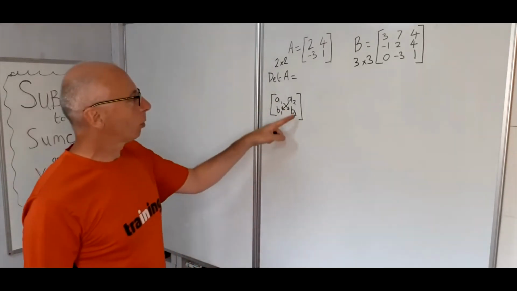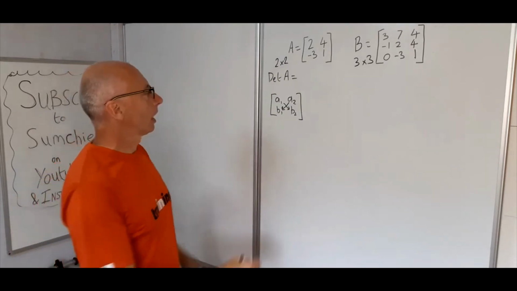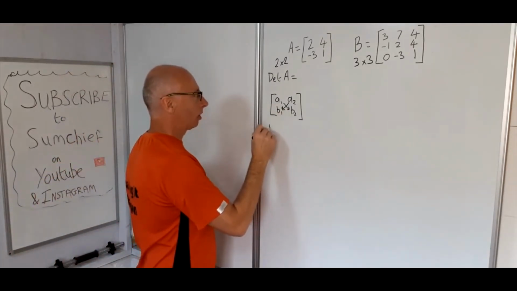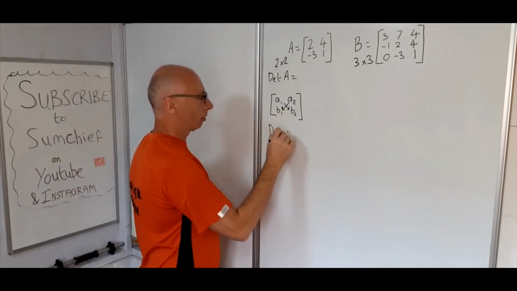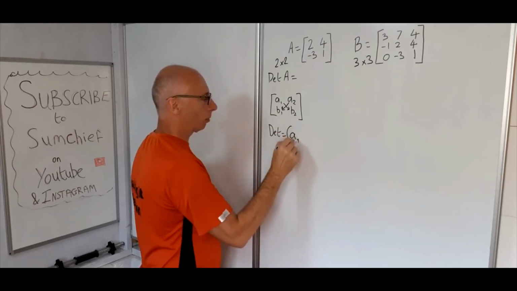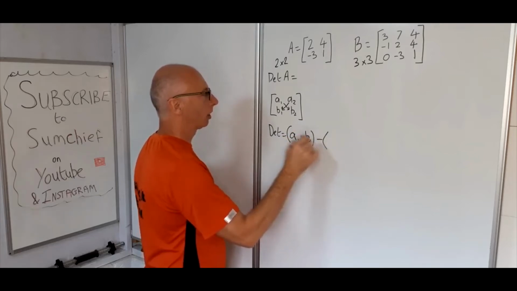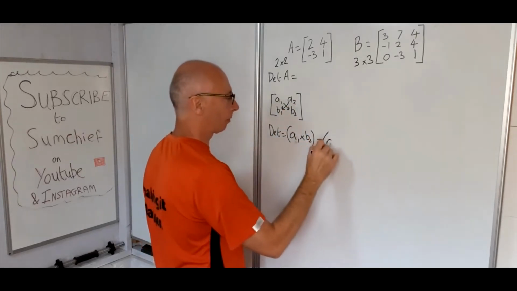And now we multiply the crosses on the diagonals. So A1 times B2, so determinant equals A1 times B2 minus A2 times B1.